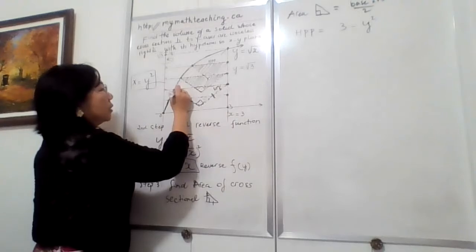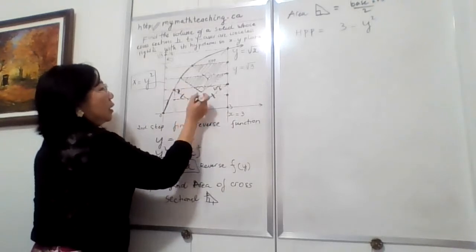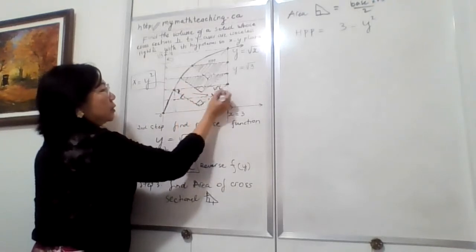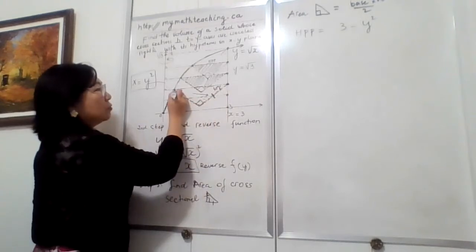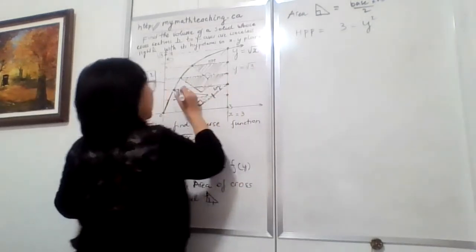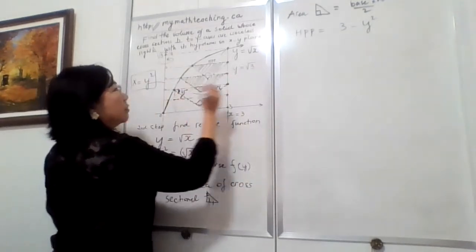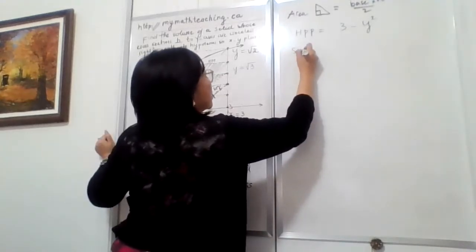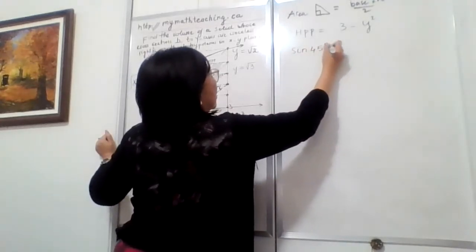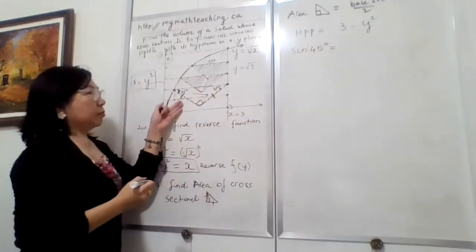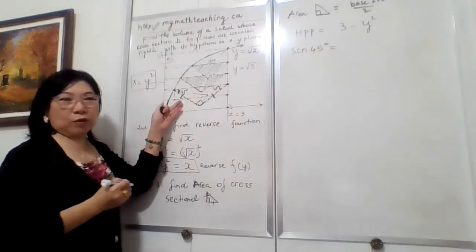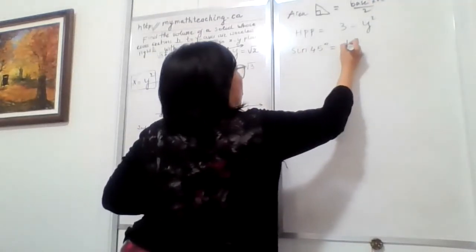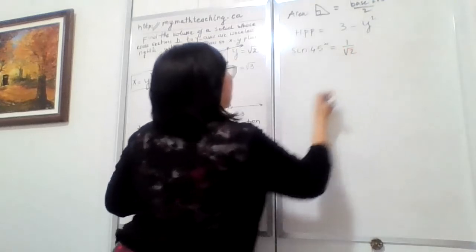Opposite this angle is the base length. So we use sine of 45 degrees, and we know the sine of 45 degrees is 1 over square root 2.